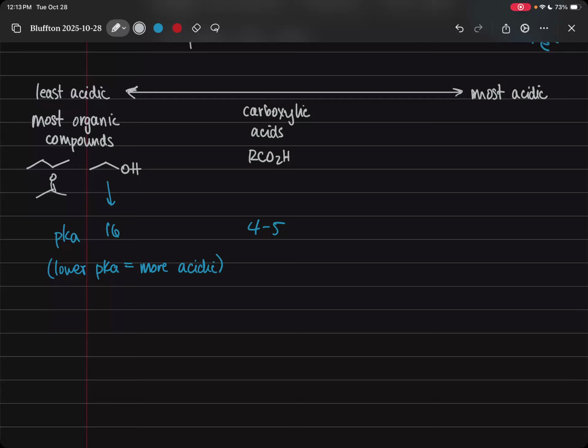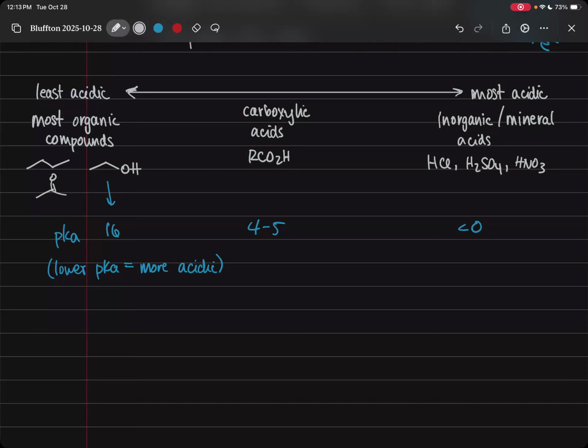But there's almost an equally large jump between carboxylic acids and inorganic, or sometimes we call them mineral acids. And that would be stuff like HCl, sulfuric acid, nitric acid, etc. And these have pKa's less than 0.